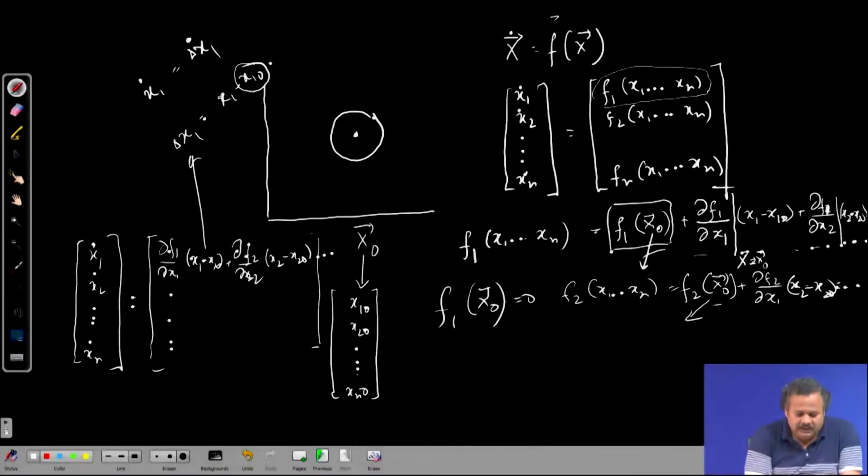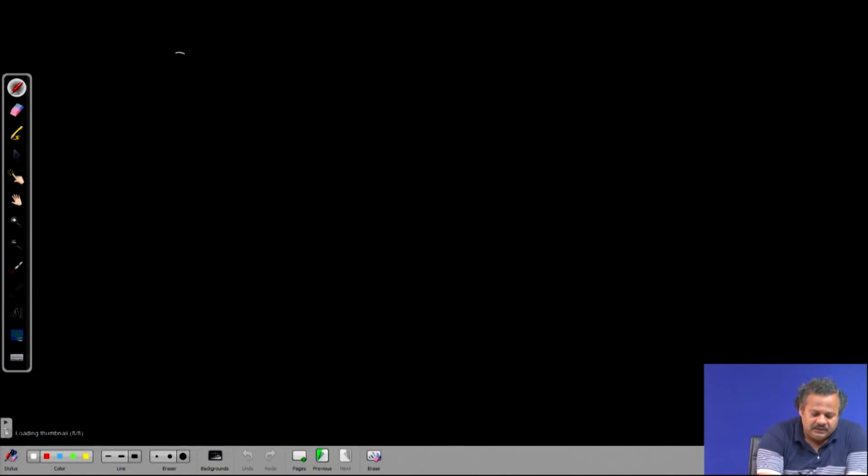So these x1 minus x1 naught, x2 minus x2 naught can be replaced by a single variable, let us say little x, and this can be replaced similarly by the single variable little x dot for the entire vector. So let us go one step further.